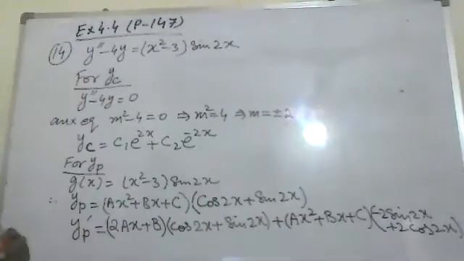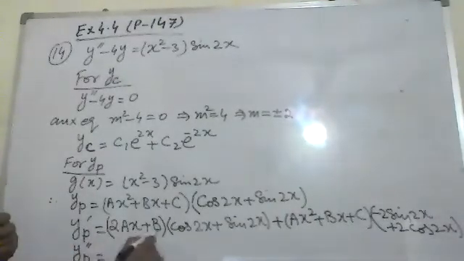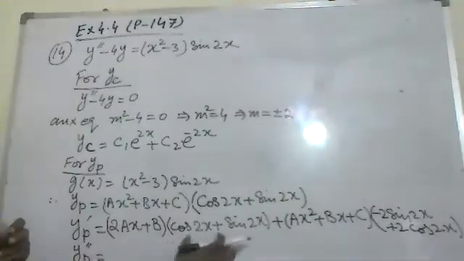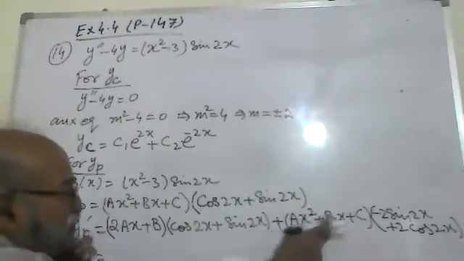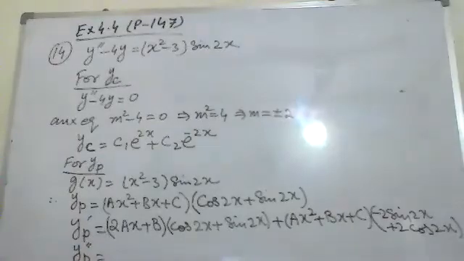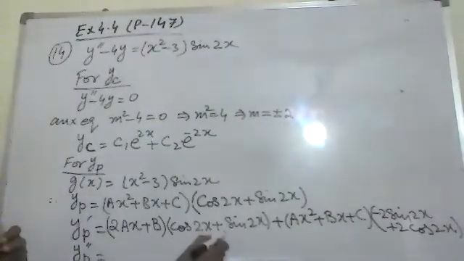Now we will find the second derivative, yp double dash. The derivative of this one, the first function. Here also u into v, both places we will put the u into v formula, as the two functions are being multiplied.